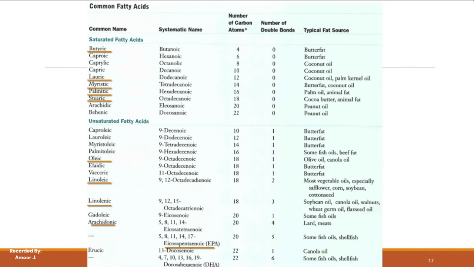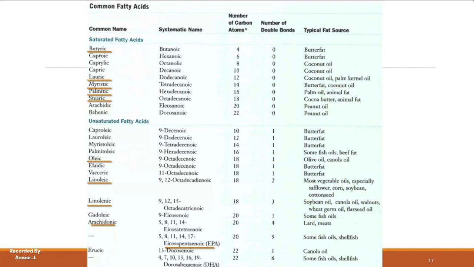And the important point is the fat source. For example, the source of lauric acid is coconut oil or palm kernel oil, and the source of stearic is cacao butter and animal fat. And palmitic acid is important in palm oil and animal fat.